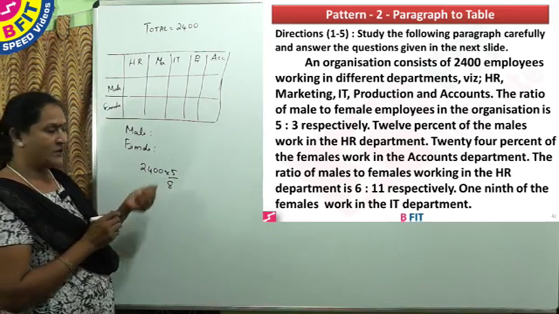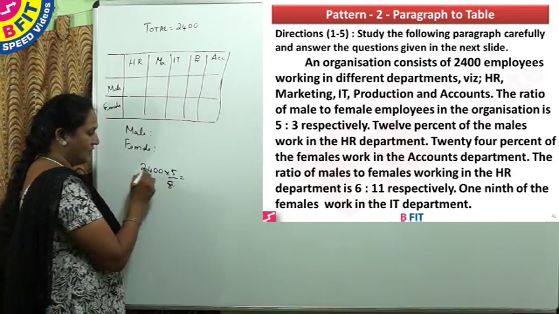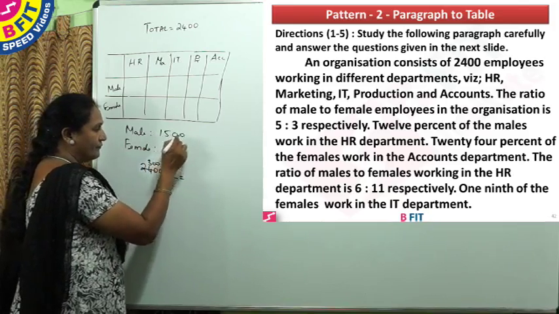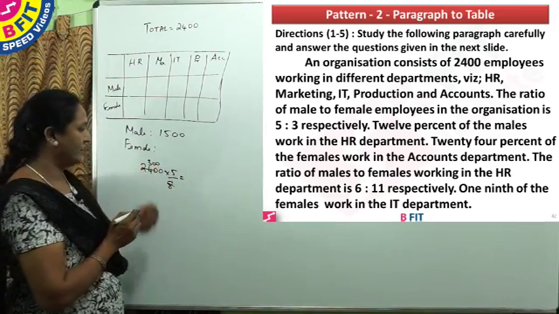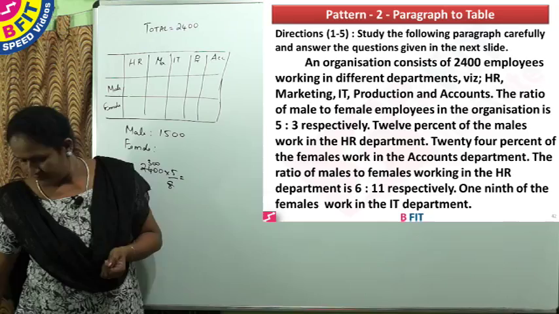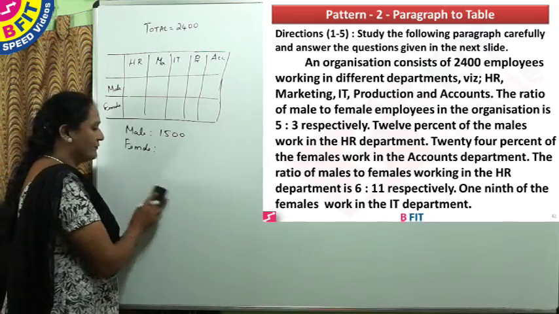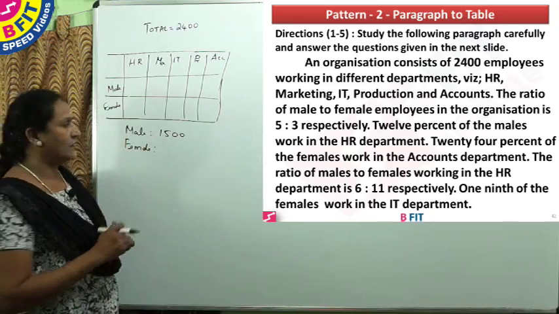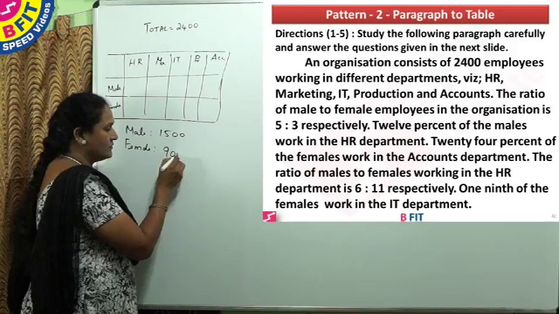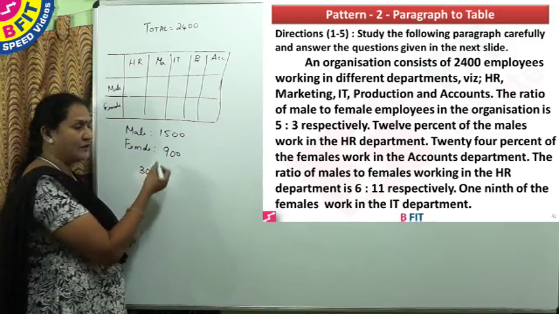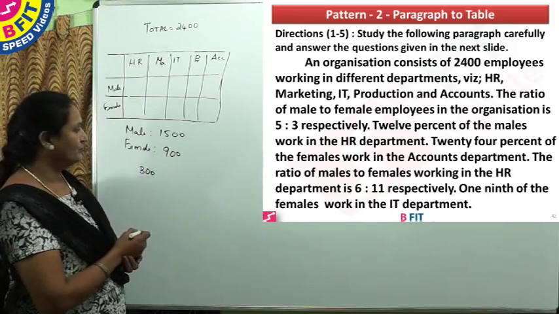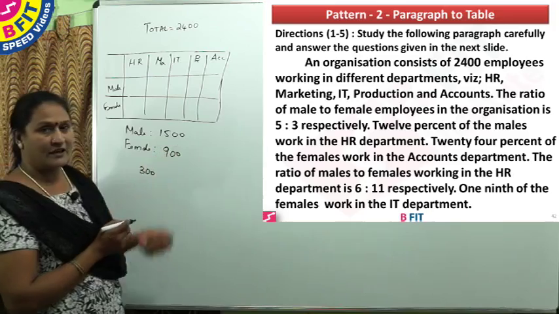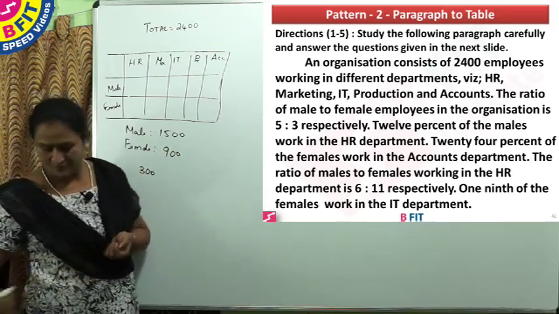Out of 8, 5 parts is male population, which is 300 into 5, 1,500. And 3 parts female population, or you can subtract 1,500 from 2,400. One part is 300, so 300 into 3 is 900 female. So out of 2,400, male 1,500 and female 900.